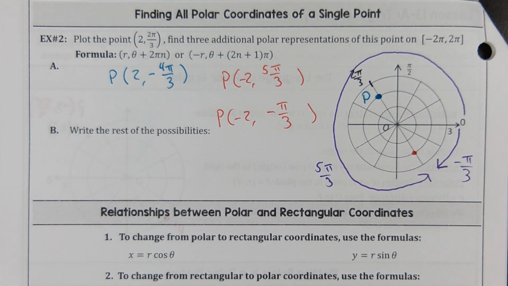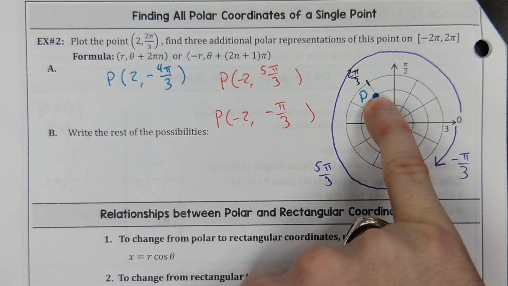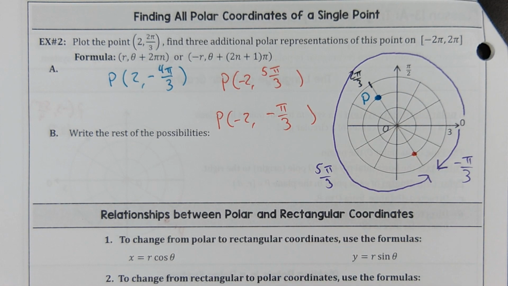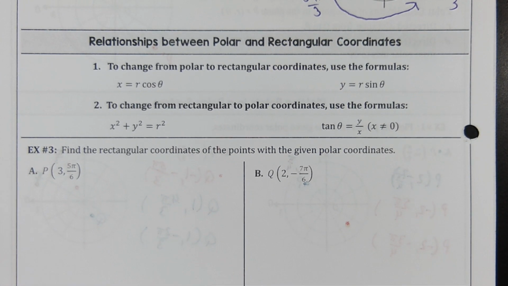How about this? You know this point in space is a point in space regardless of what coordinate system I'm in, right? Well, we have a way of converting between degrees and radians, right? Well, guess what else we have a way of converting between? Polar and rectangular.